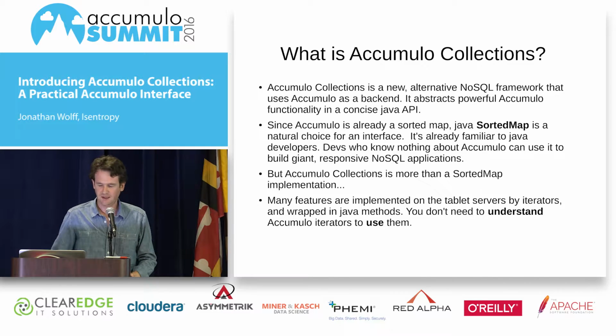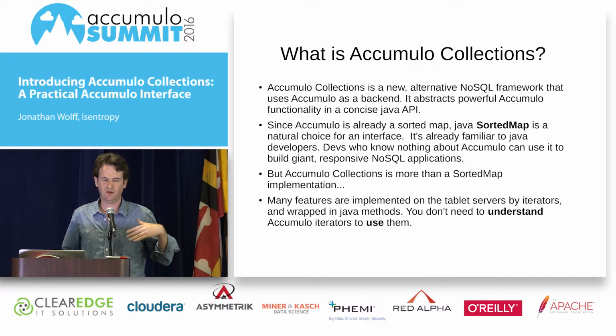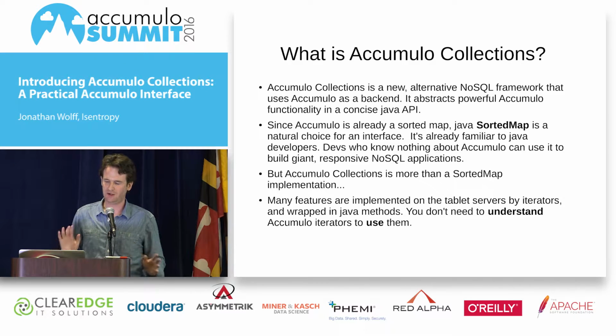The second thing is, and I'll get back to this later, the Serde has to serialize the bytes in the correct sort order. I'll get back to Serdes later, but there are some intricacies with Serdes because Accumulo uses the BytesWritable compare method to compare byte arrays on the tablet servers, and there's really no way to set an alternate comparator. So that's an important point, that you have to be a little bit aware of how you're serializing.